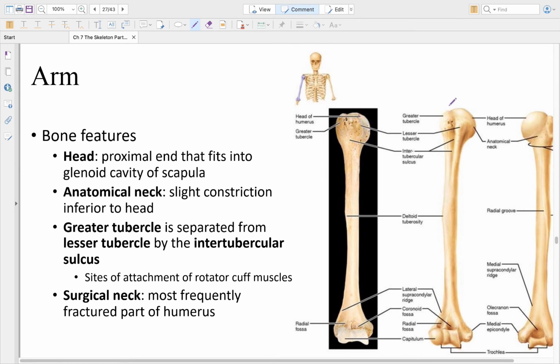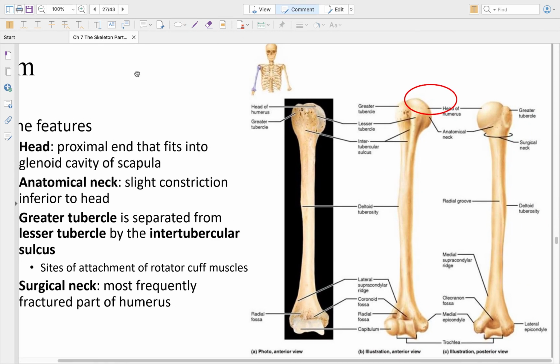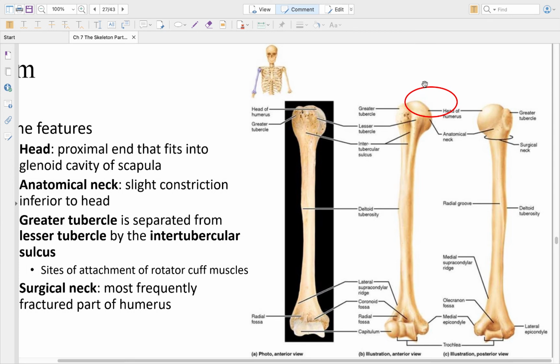Okay, now let's focus on the markings that we need to know. We want to know the head of the humerus. That's not hard to identify, head. Okay, the neck, yes, the head is not extremely deep socket, ball and socket type. It's a small ball, unlike the femur, but it's still a head.